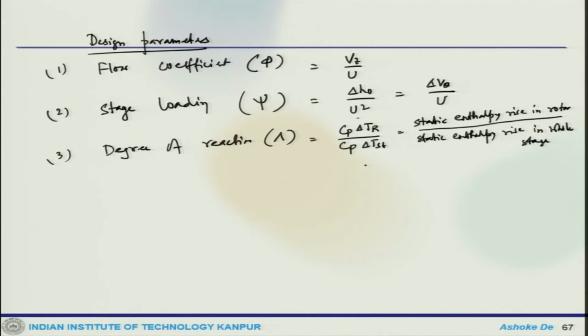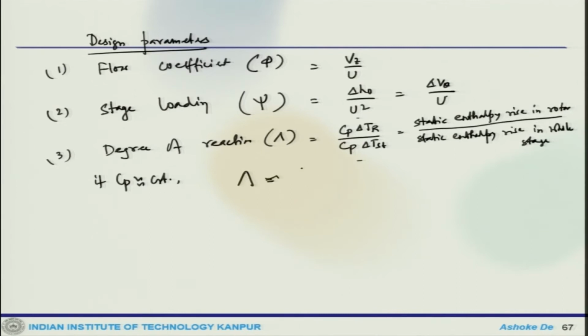Rotor does the dynamic work, hence the pressure rise in the rotor is an important design factor, because it is exposed to the dynamic loading, and that is why the degree of reaction is represented like this.